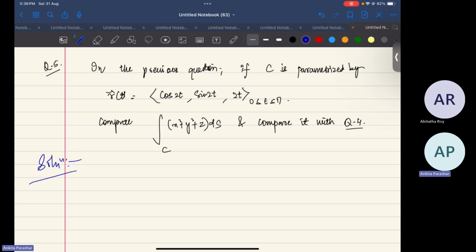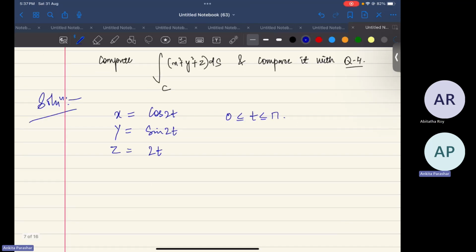Okay, so can we solve it the same way? What is x? X is cos 2t, y is sin 2t, z is 2t, and the limit is this much.